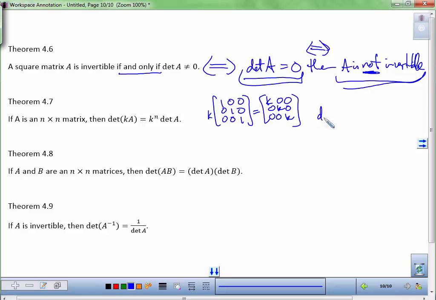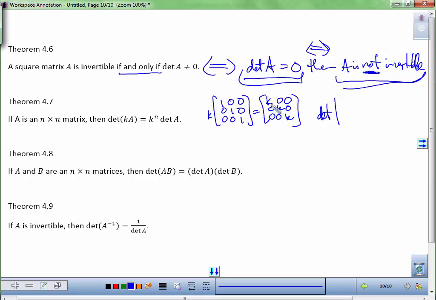If you multiply all the rows, then there's going to be as many k's as you have rows or columns.